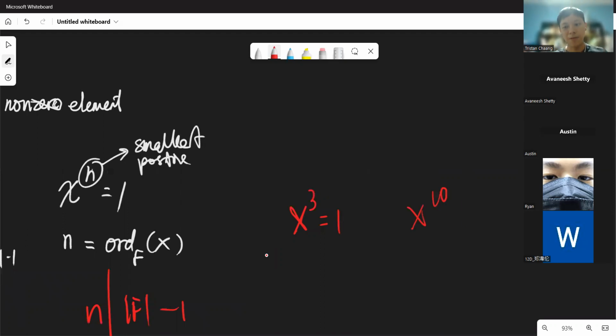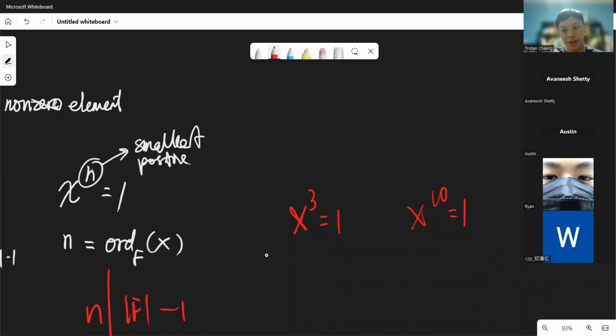How does this break the rule that 3 is the smallest? Let's say I say 3 is the order, but then the size is 11. Now 3 does not divide 10, right? What happens? x to the 3 equals 1, x to the 10 equals 1.